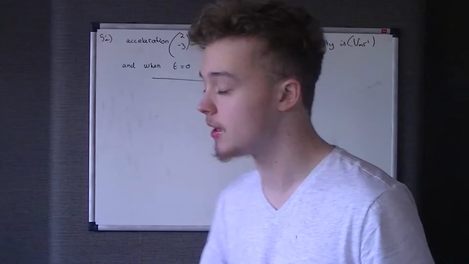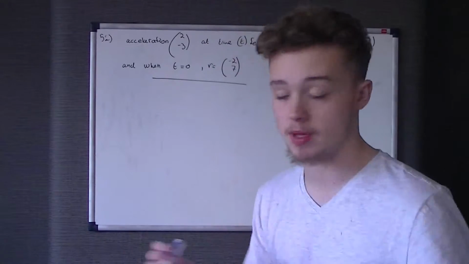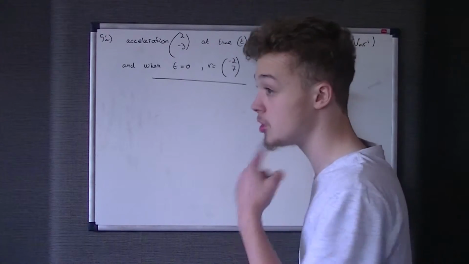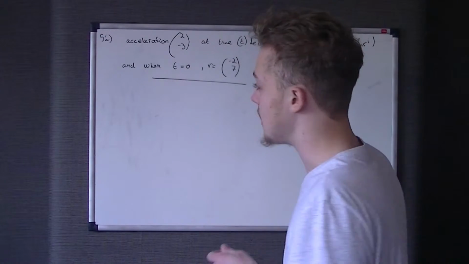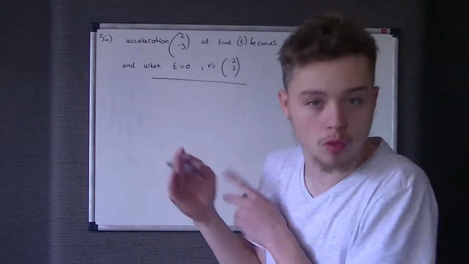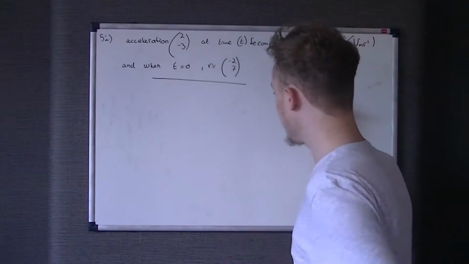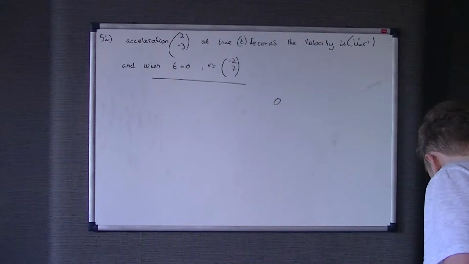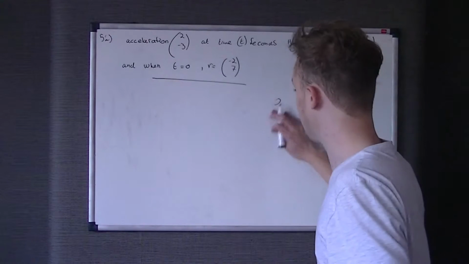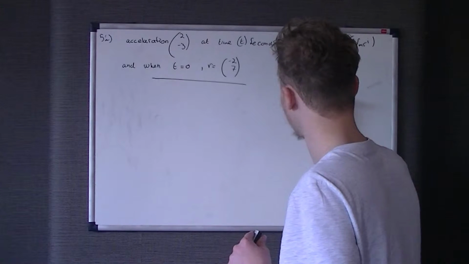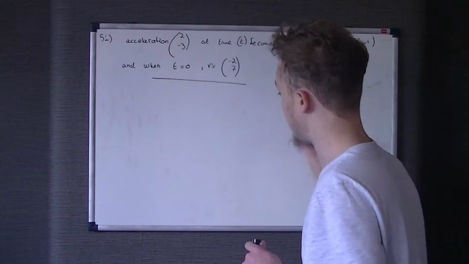Well, when it's moving parallel to the vector i, remember i is the first one here, okay? When it's moving parallel to the vector i, it is only moving in the i coordinate, if that makes sense. So all the other ones are going to be 0, okay? So the i coordinate might be 1, but all the others, j and k, will be 0.